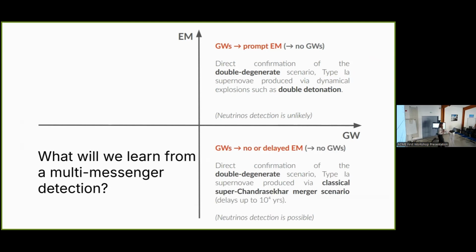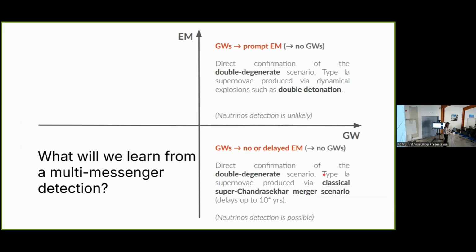However, there may be a scenario in which we see this monochromatic gravitational wave disappearing and then no electromagnetic, or delayed electromagnetic radiation. And this, again, should be a double degenerate scenario, otherwise we don't see gravitational waves.